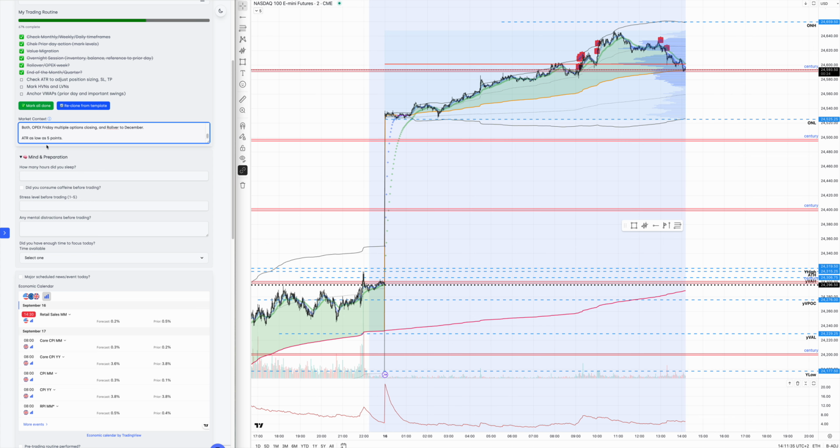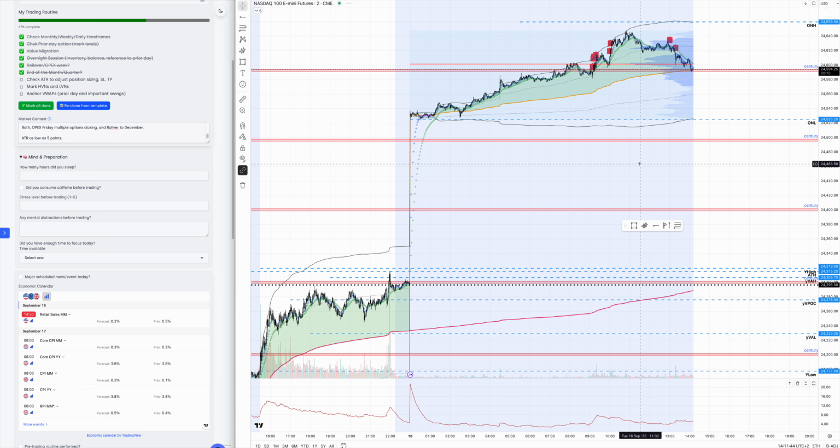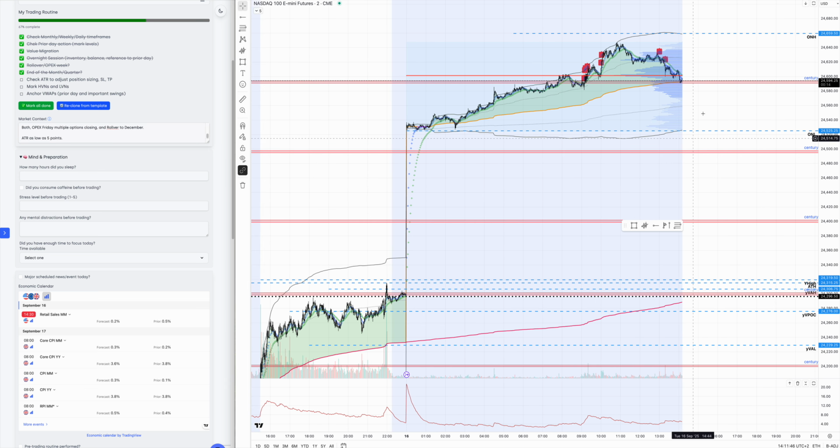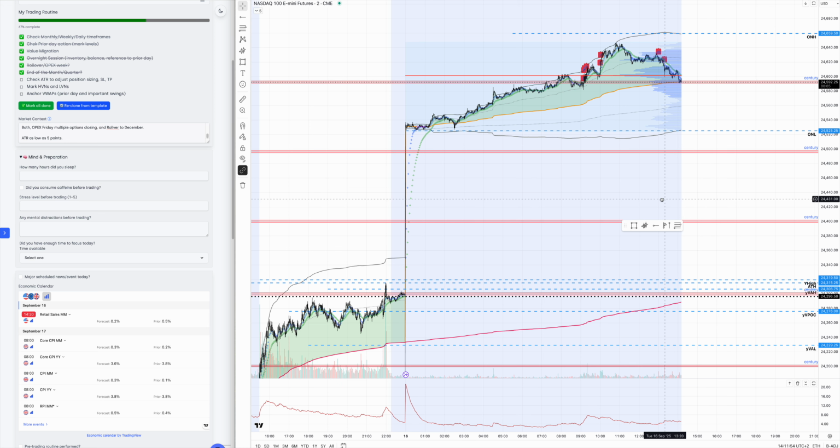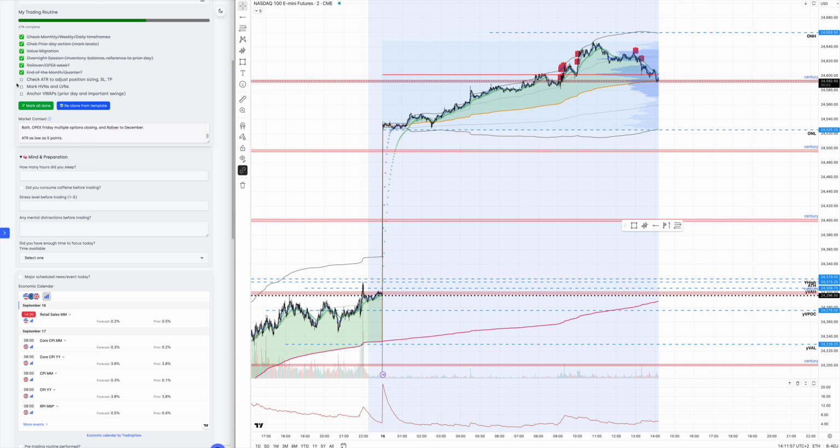For the NQ, between 5 and 7 is what I normally expect to see. If I see over 10 points, it means something normally happened during the Asian session or European session. And of course, after 2:30 my time, if NFP or CPI or whatever shoots, normally that increases. But yeah, that is ATR. I mark the levels already so quickly. Also the anchor VWAP.